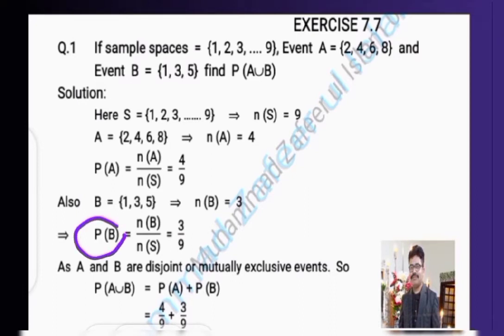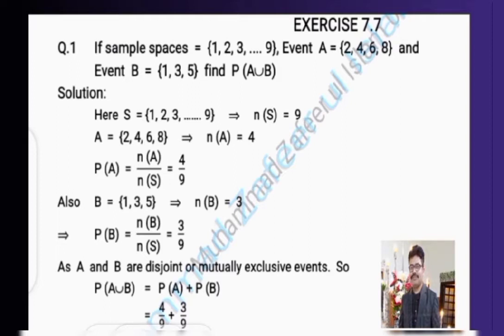As I told before, the probability of any event can be found by dividing the number of values in that event by the number of values in the sample space. So the number of values in event B will be divided by the number of values in the sample space. As there are 3 values in event B and 9 values in the sample space, the probability of B is 3 by 9.